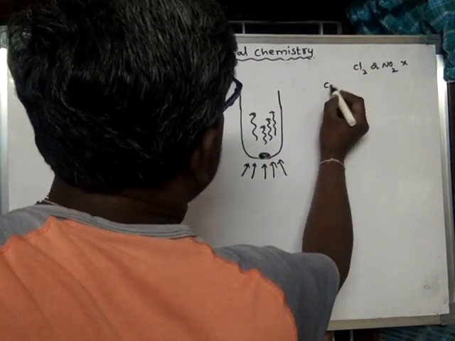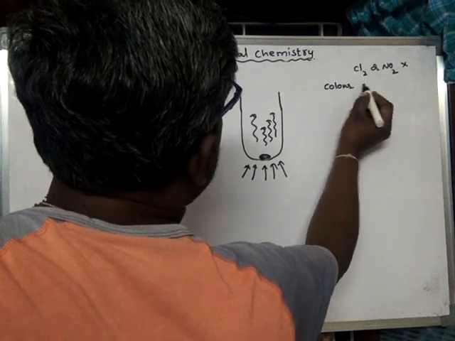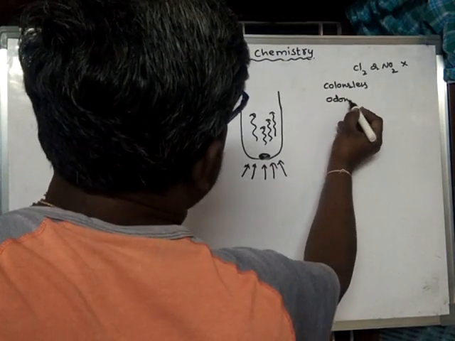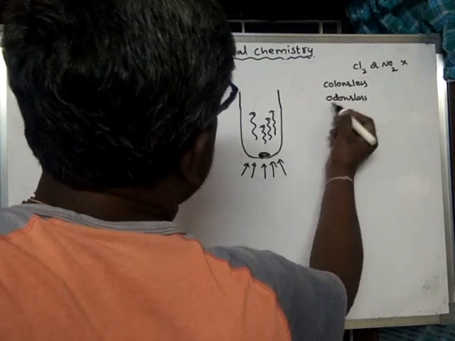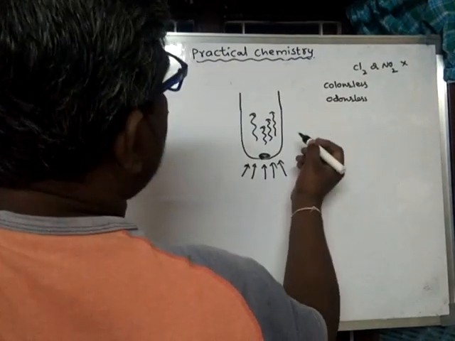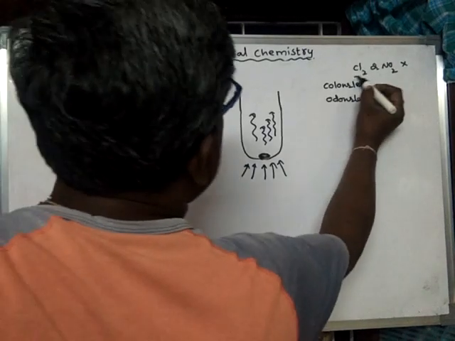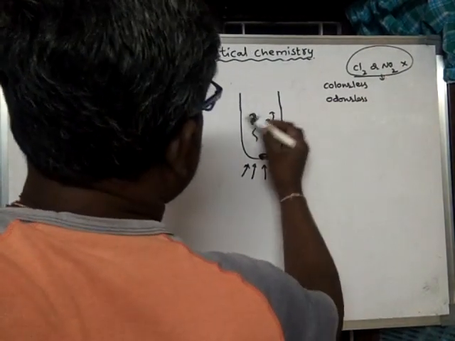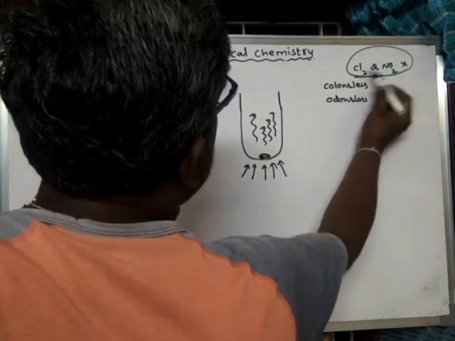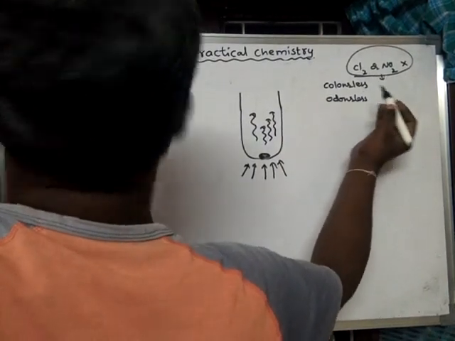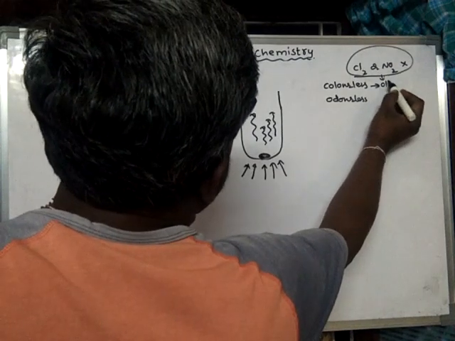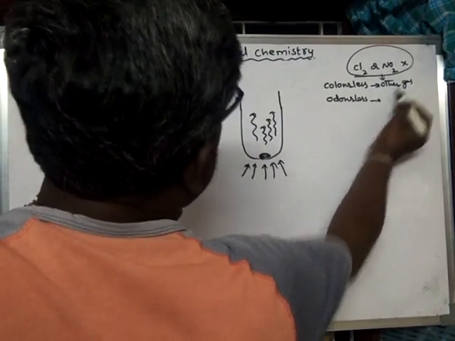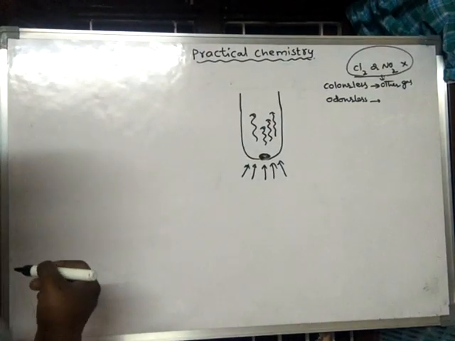Next, it is odorless. Which gases are odorless? That means the gas is not either of these two, so it may be another gas. Which other gases have no smell?